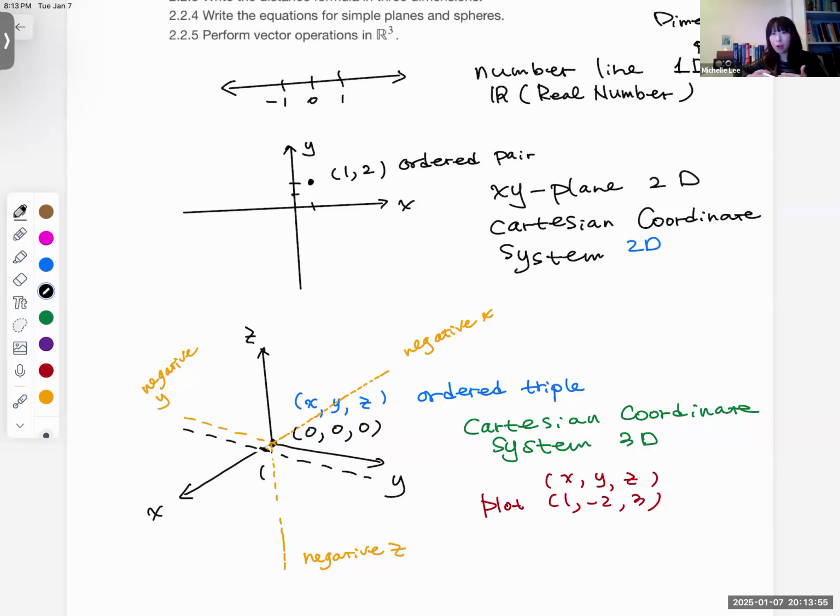Then -2: I want to plot y equal to -2. So start at x equal to 1 here, and this is 0, right? So we go this way 2 units, 1, 2 units will be -2. So it's about here.